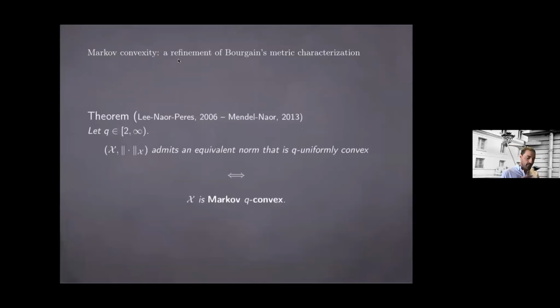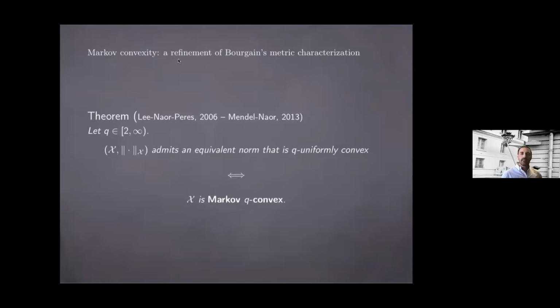Now, one of the main results about Markov convexity is the following. Remember, Bourgain gave a characterization of having an equivalent norm being uniformly convex in terms of not containing the binary trees. Now here, what Lee, Naor and Peres and later Mendel and Naor did is they say, okay, fix q, and look at the class of Banach spaces that have an equivalent norm that is q-uniformly convex.